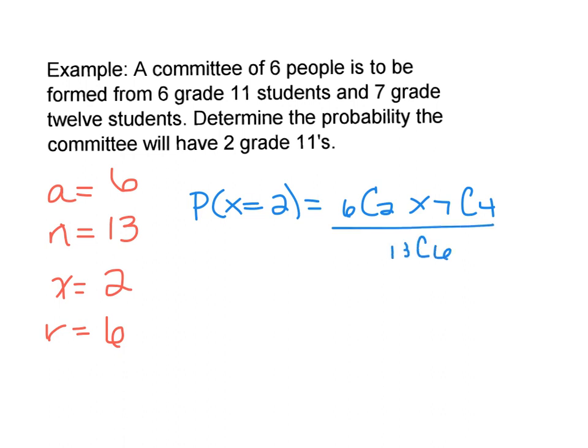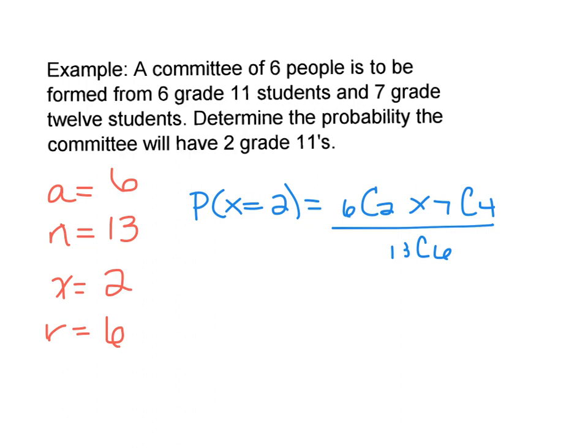And this should make sense to you because what we're basically saying is we want 2 grade 11 students. So we want to choose 2 out of the 6 grade 11s, which means we need 4 out of the 7 grade 12s in our committee, over, we're doing probability, remember, so over 13 choose 6. And you would have done things like this in the probability unit. You just didn't call it a hypergeometric distribution, but that's exactly what it is.